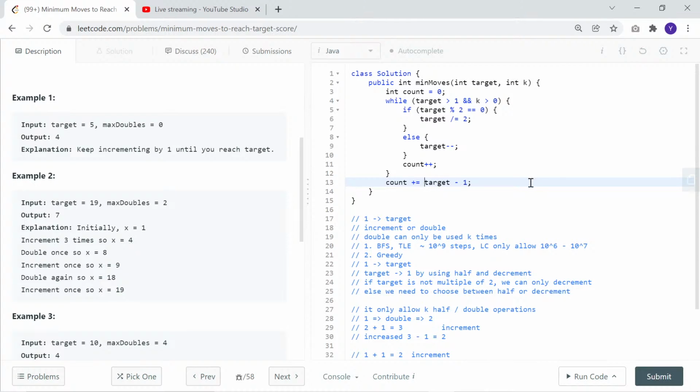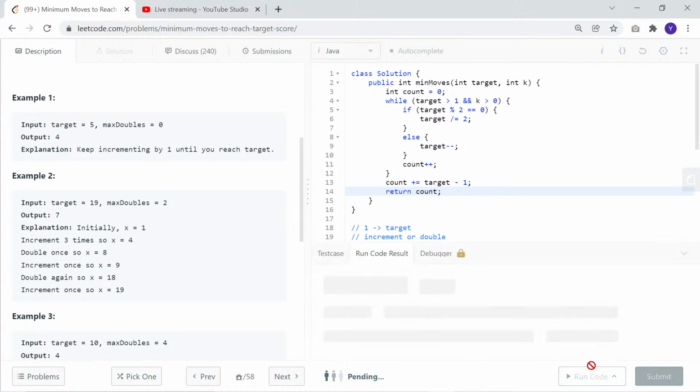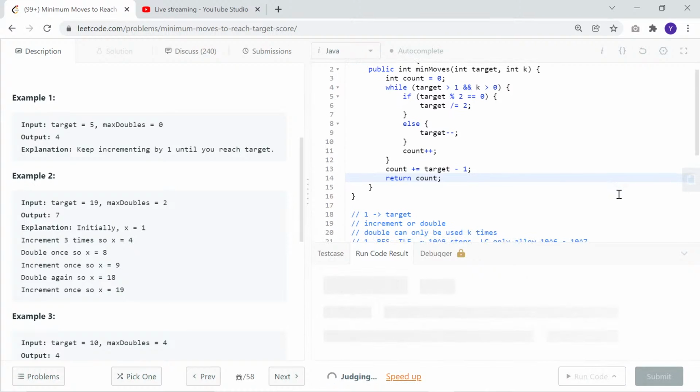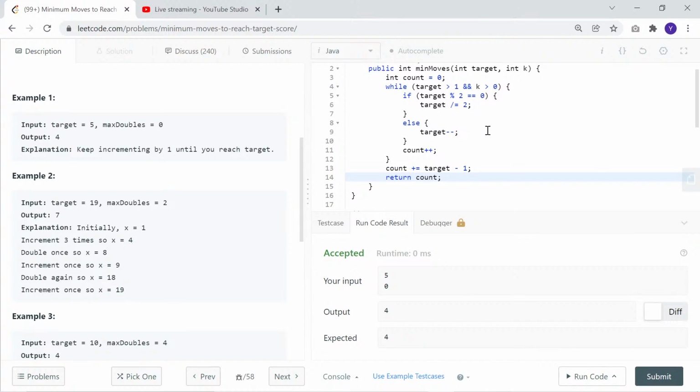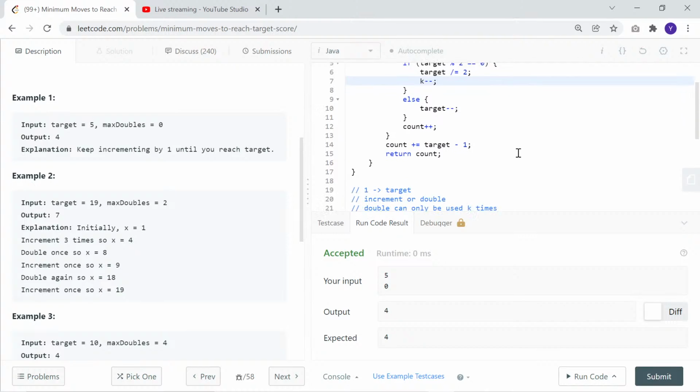So in the end, we only have decrement operations after the half is completed. So we just return count here. Oh, there's one step I forgot: k minus minus. Whenever we do a half, we need to decrement the k, so that we have one less half operation left.